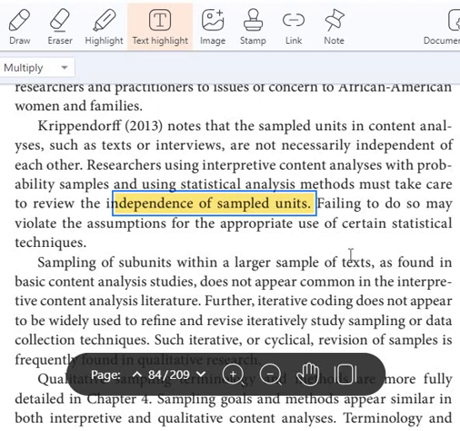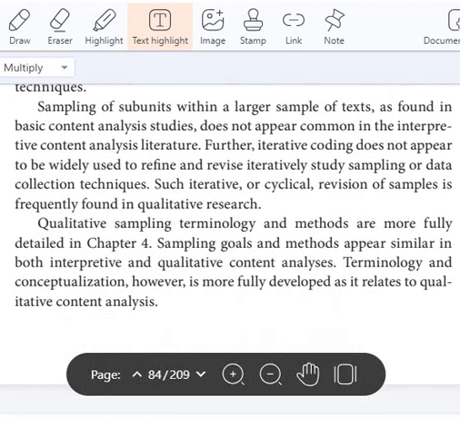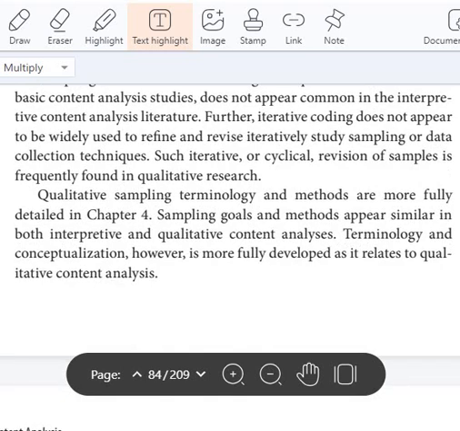Okay, let's move on to this paragraph. It's kind of a sum up here. Qualitative sampling terminology and methods are more fully detailed in chapter 4. Sampling goals and methods appear similar in both interpretive and qualitative content analyses. The terminology, the conceptualization differ.